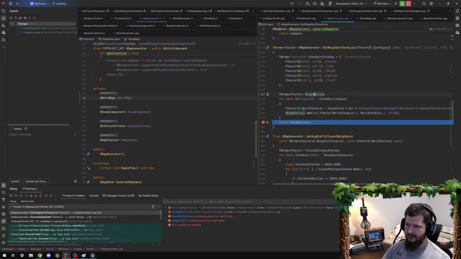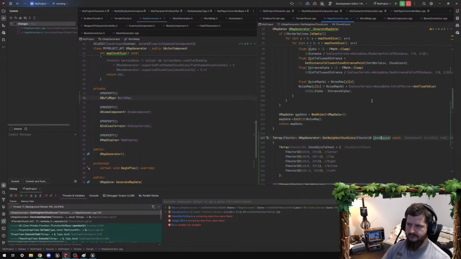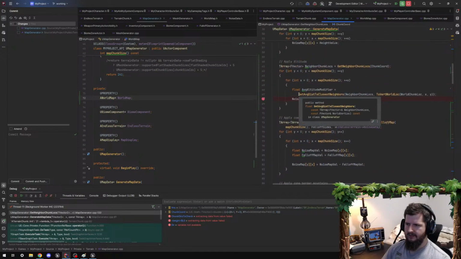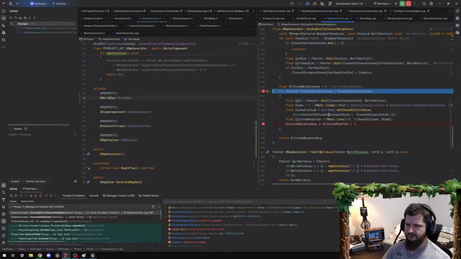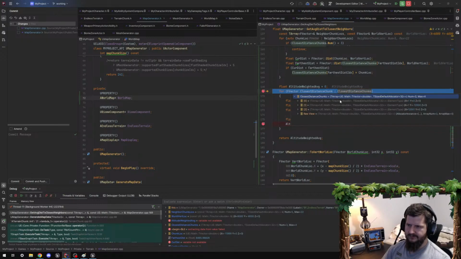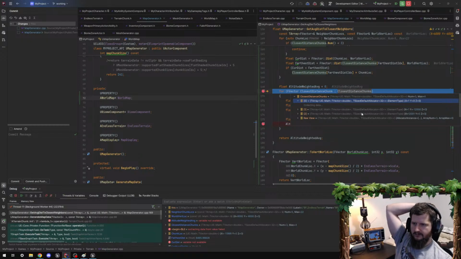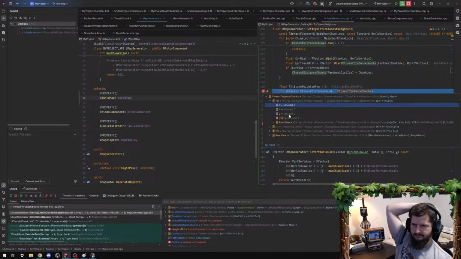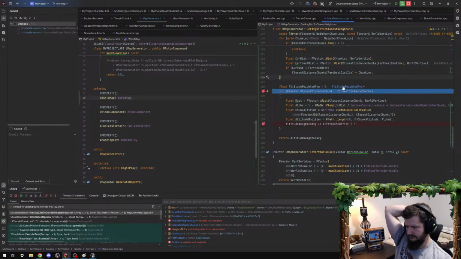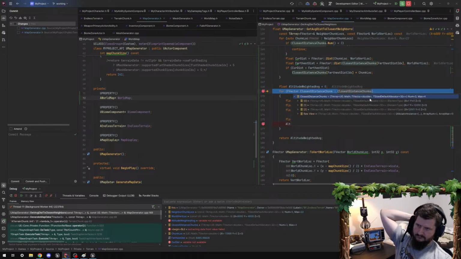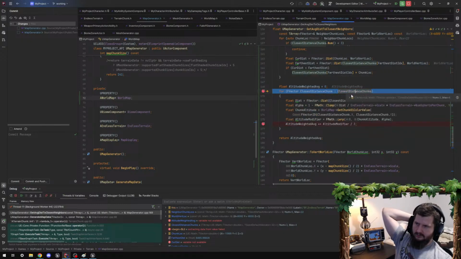Okay, neighbor locations, of course can't see it. Great, love that. Chunk coordinate is 1, 0. So I guess maybe I need to put a breakpoint there. The closest distance chunks. That's not the right location. Yeah, that's not the right location.